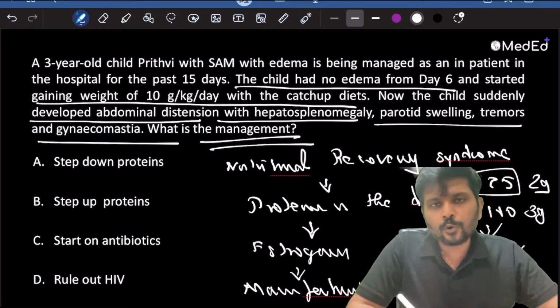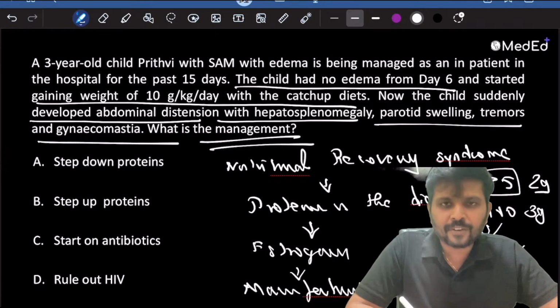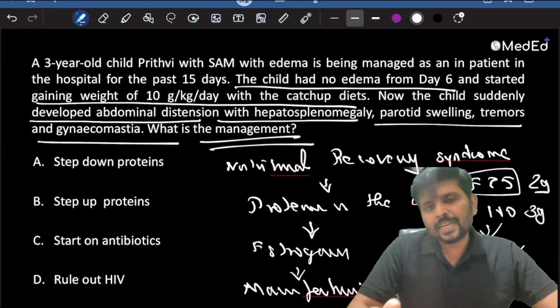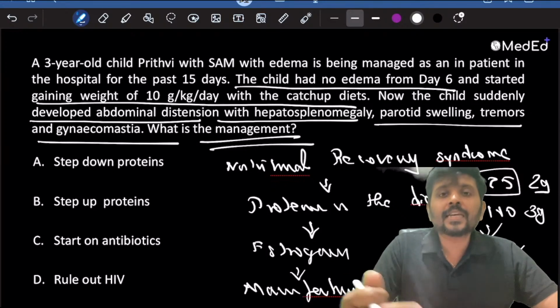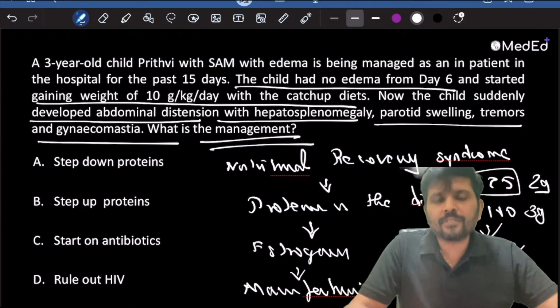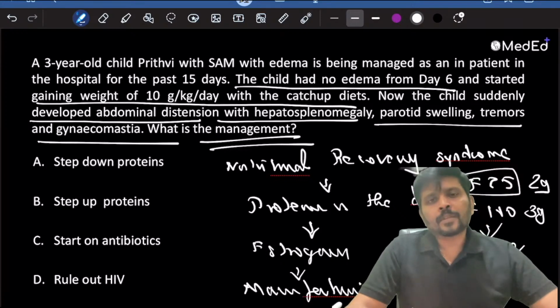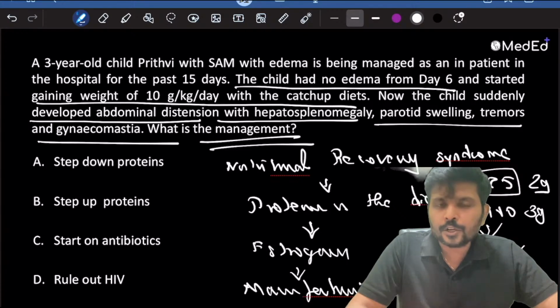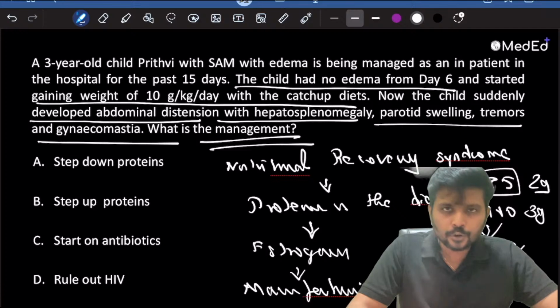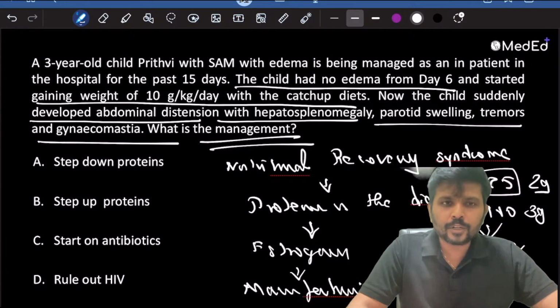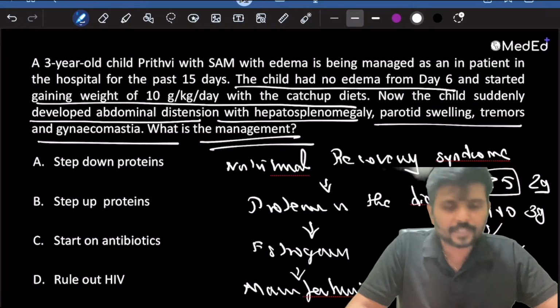But instead of going slowly, if you increase your protein intake in a very rapid manner, it will end up in this syndrome, called nutritional recovery syndrome, due to estrogen producing hepatosplenomegaly, parotid swelling, tremors, and gynecomastia.